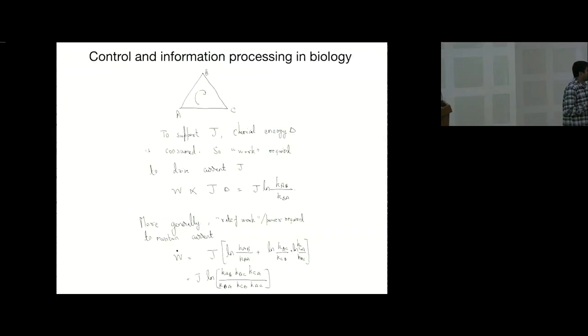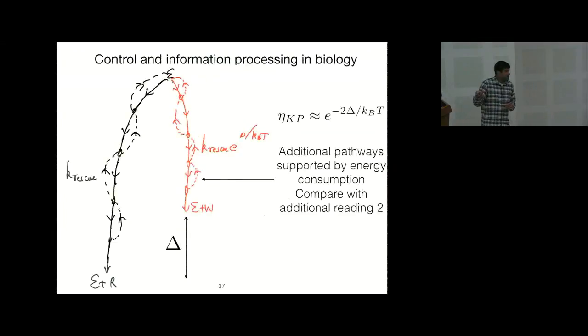Yeah, exactly. So the energy consumption will be different in the two parts, and that's going to be determined by what the fluxes are that go into each of these things. In this case, if my rate of rescue is really high, if k rescue times e to the power delta is very high, and the system is almost always just over here, then it can actually consume less energy in the wrong state, but it can consume more energy in the right state because it flows down more.